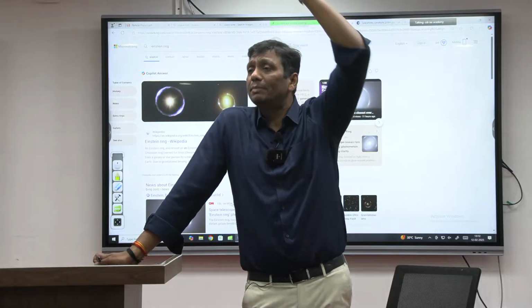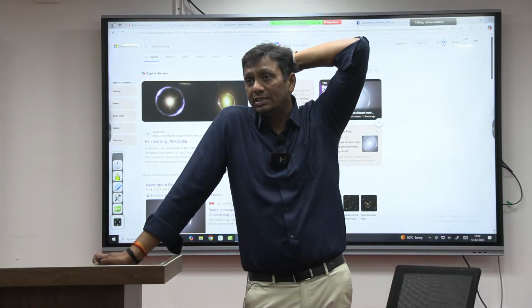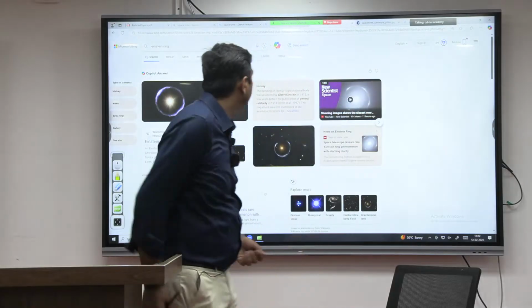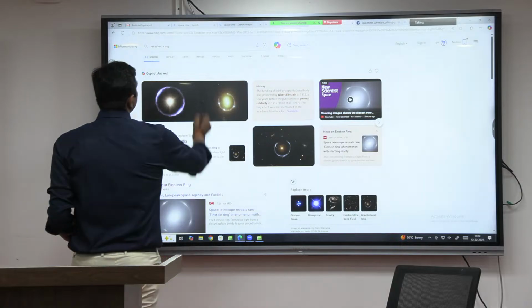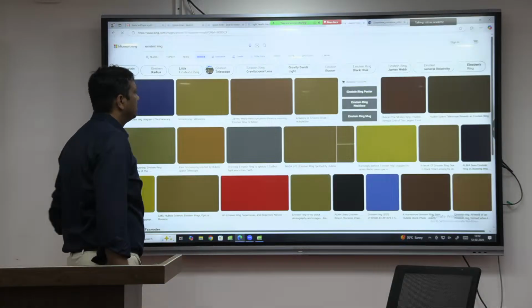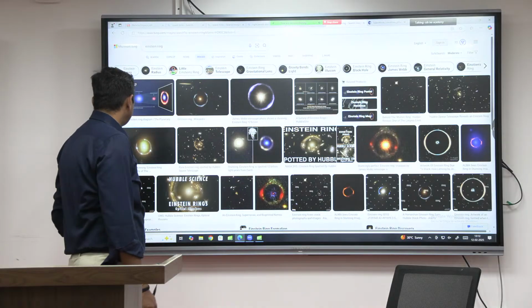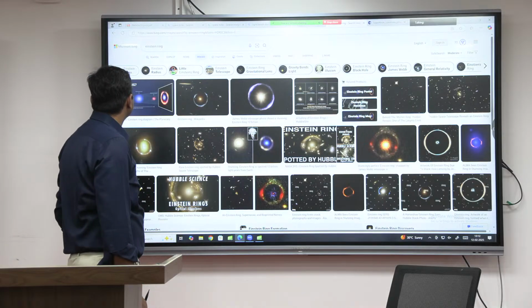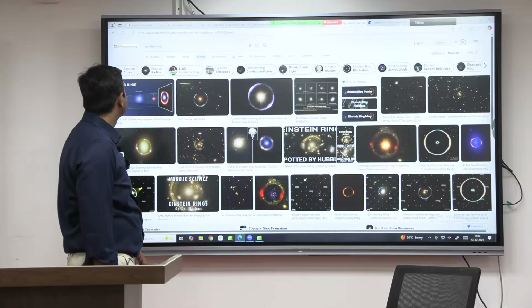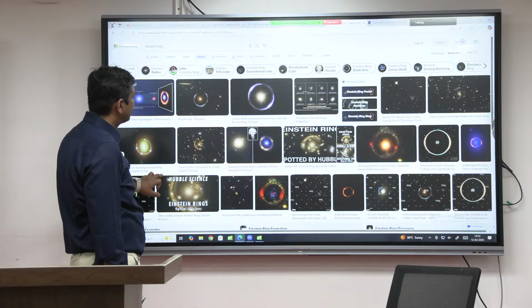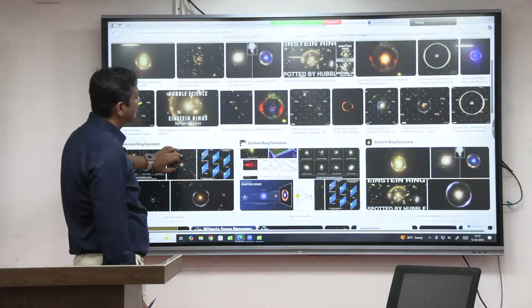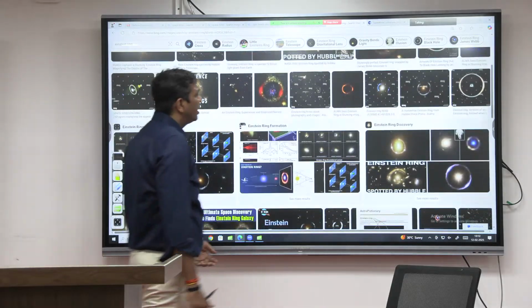Millions and millions of stars are in the galaxies. This is a picture that has been captured. Even the James Webb telescope captured that picture, guys.